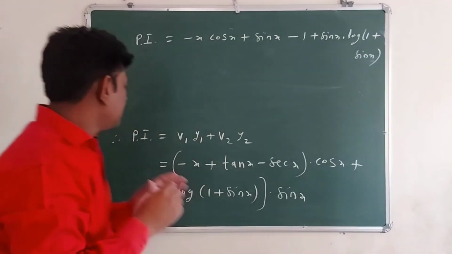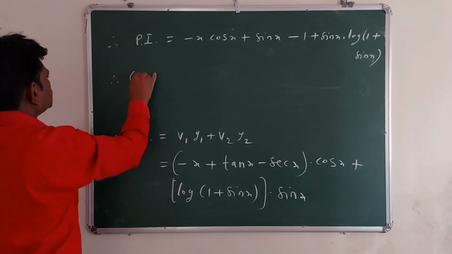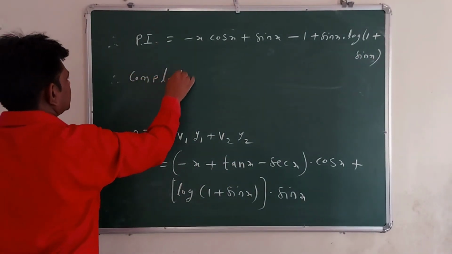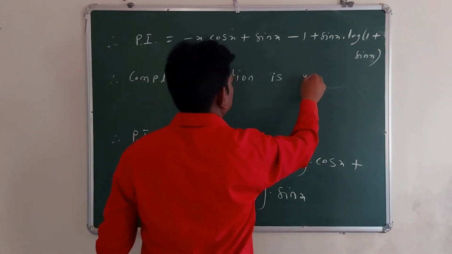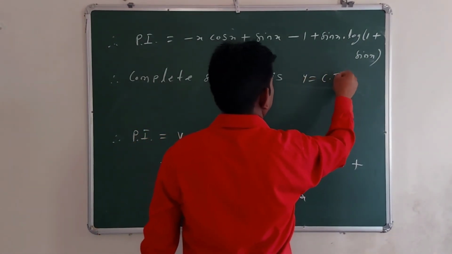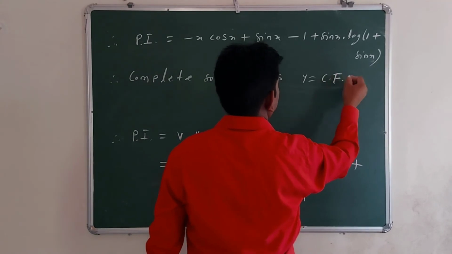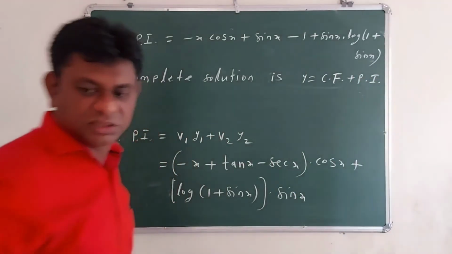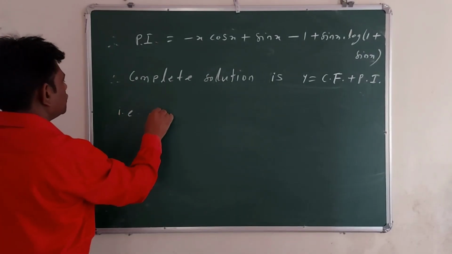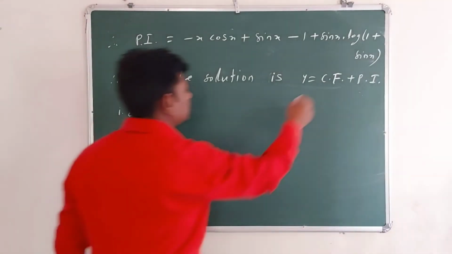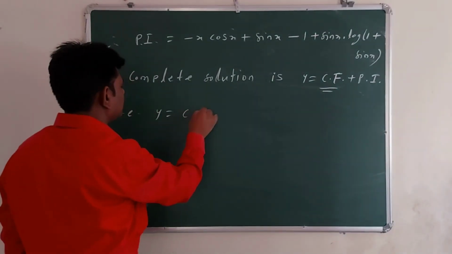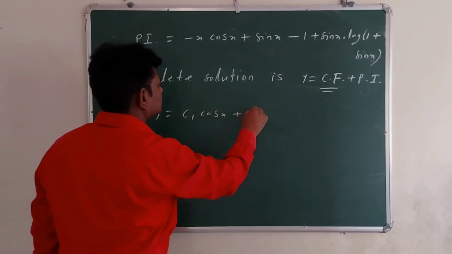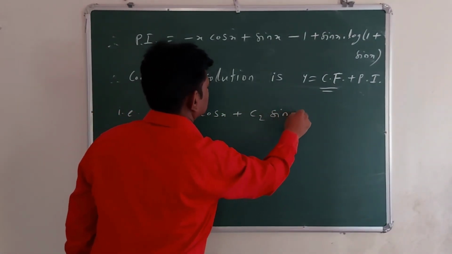And therefore the complete solution of the given differential equation is y is equal to the complementary function plus the particular integral, that is y is equal to CF plus PI. Here CF is C1 cos x plus C2 sin x.